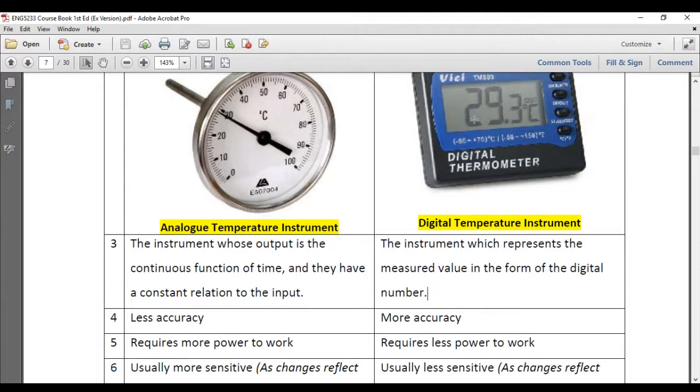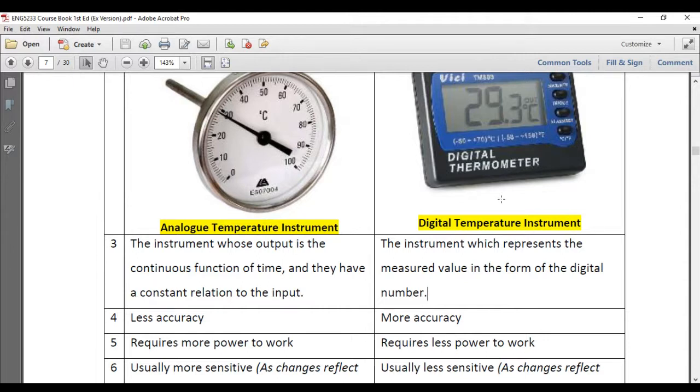Now it depends how much resolution you want to keep. For example, you want to see the change after every 0.5 kilometer per hour or after every 0.1 kilometer per hour. So digital meter will change its reading depending on that resolution step.